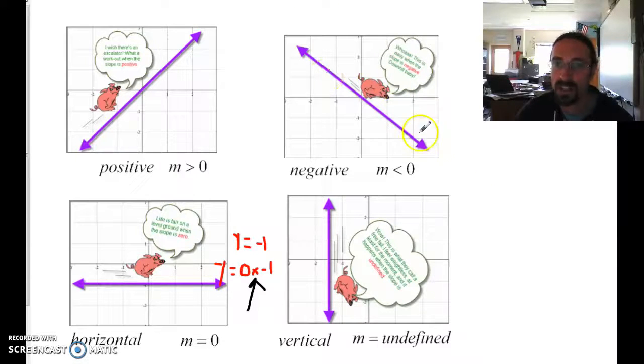And so that equation looks a lot more like this: x equals. It doesn't matter what input we put in here, we're always going to get the same answer. In this case, this looks like -1.5 or -3/2. So again, positive slope is upward, negative slope is downward, horizontal slope is 0, and vertical slope is undefined.